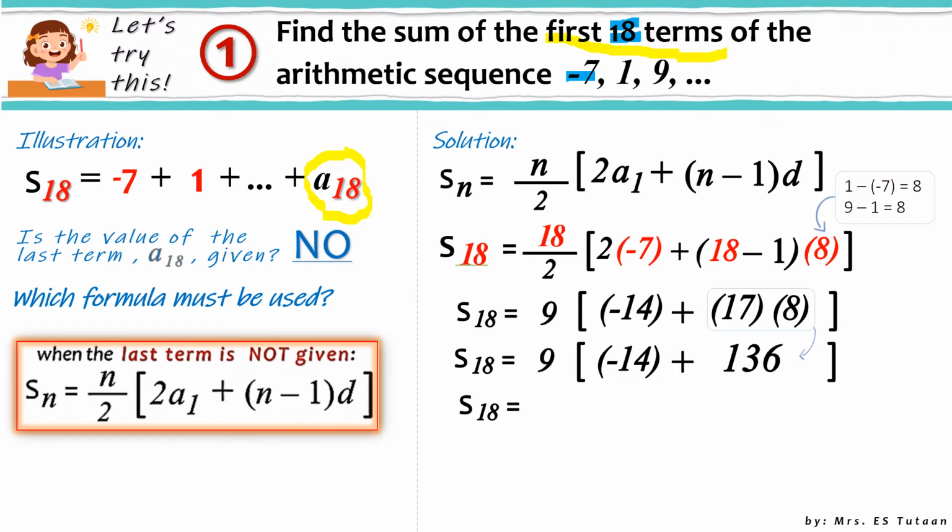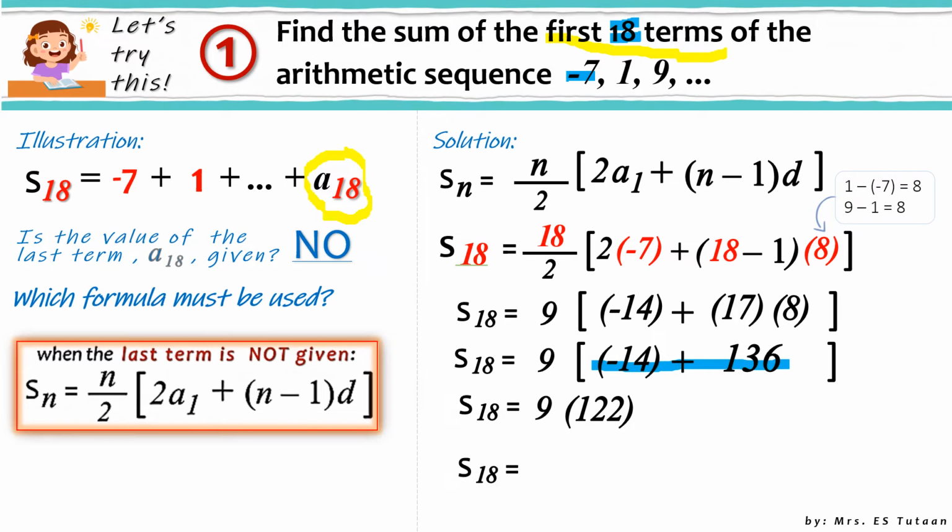Okay, so next step, we have S sub 18, or the sum of the first 18 terms of the arithmetic sequence is equal to 9 times the sum of these numbers. So, ano ba yung sum ng numbers na yan? That is 122.